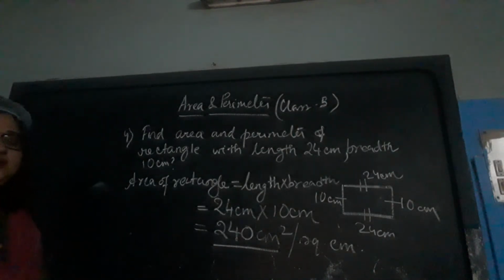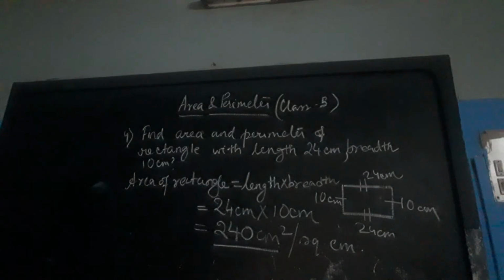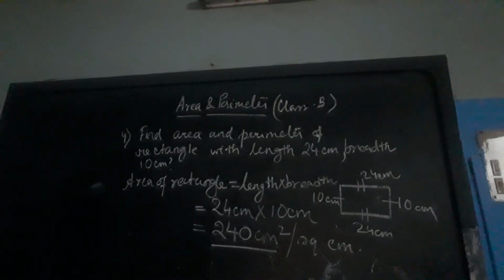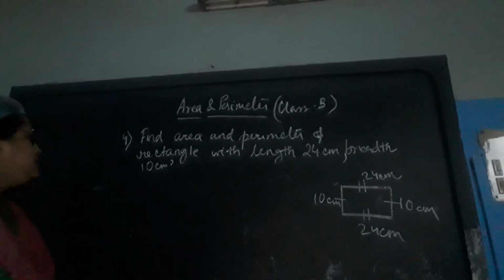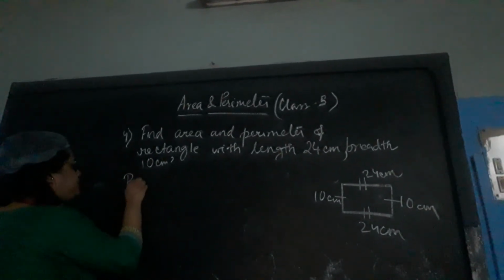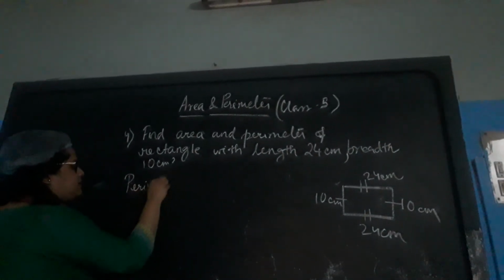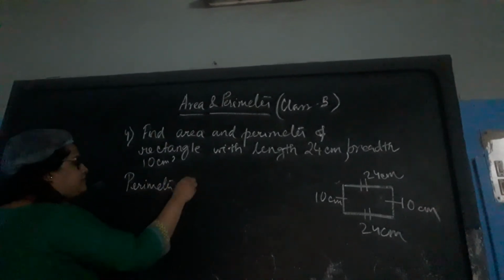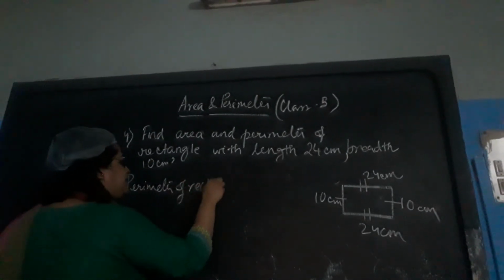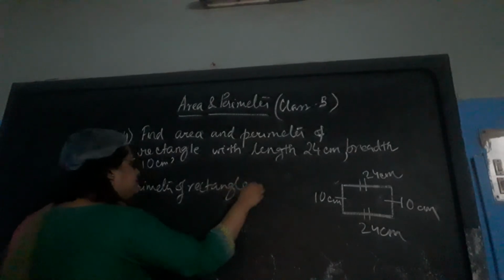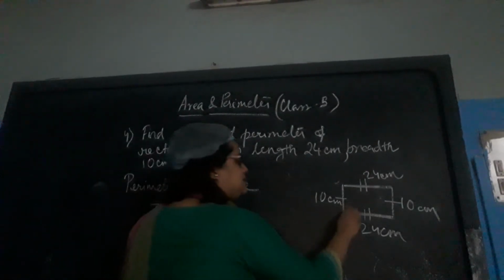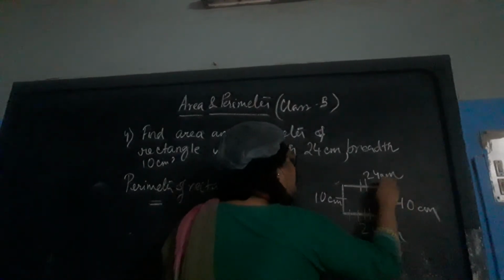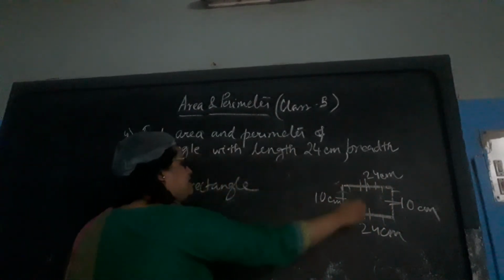Now we will find the perimeter of the rectangle. What will be the perimeter of the rectangle? We have to put perimeter's formula. Perimeter of rectangle equals, perimeter means the entire boundary of the rectangular figure's measurement.